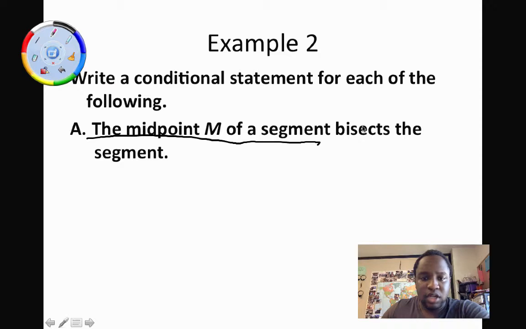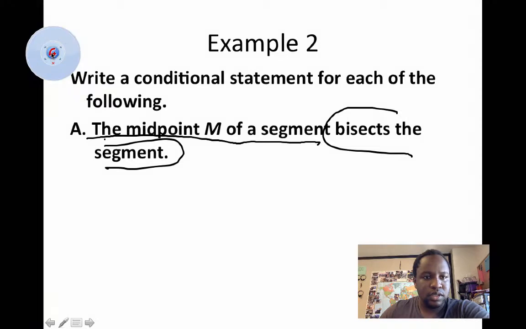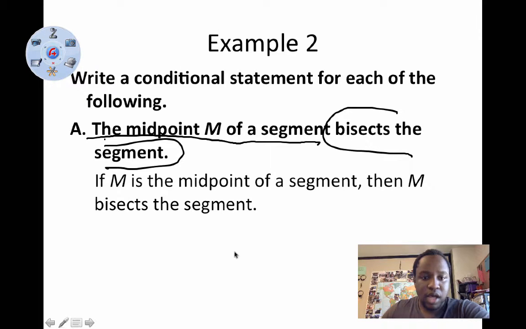And then the conclusion would be bisects the segment. So therefore, if M is the midpoint of a segment would be the first part of the conditional statement, then M bisects the segment.